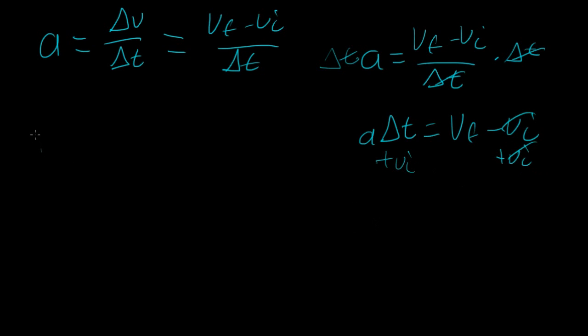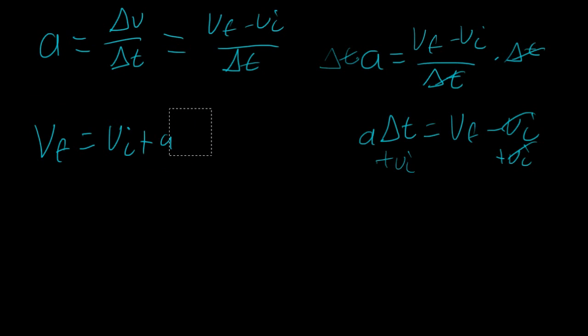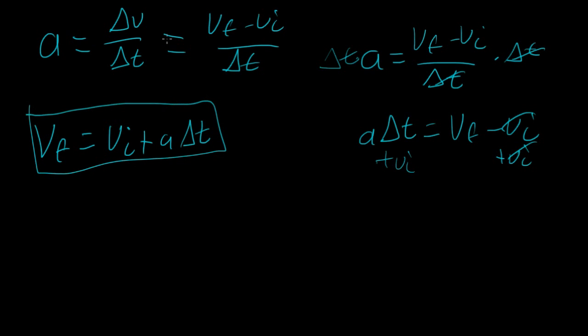So we can get another new equation, Vf equals Vi plus a delta t. Final velocity equals initial velocity plus acceleration times time. And I keep forgetting to make this delta t. There we go. Okay, there's another new equation for Vf, Vi, a, and delta t.